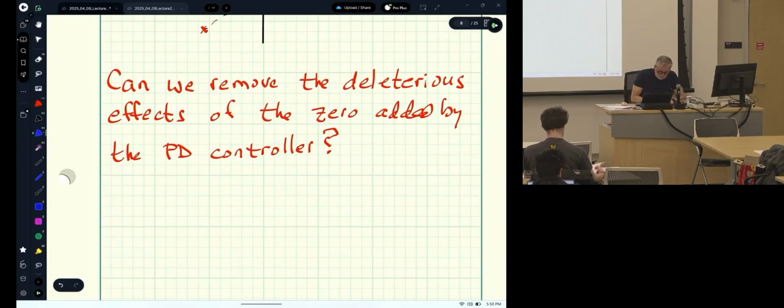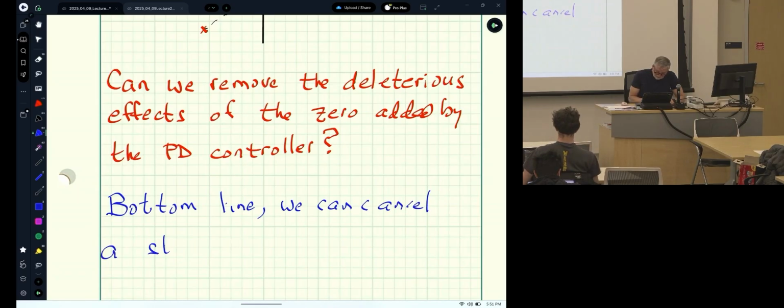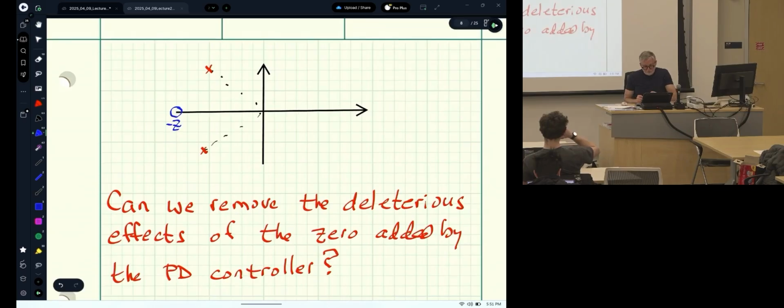And so the bottom line: we can cancel a stable zero. Stable zero, this is the left half plane.